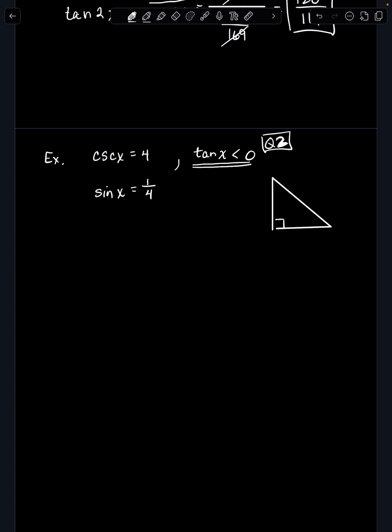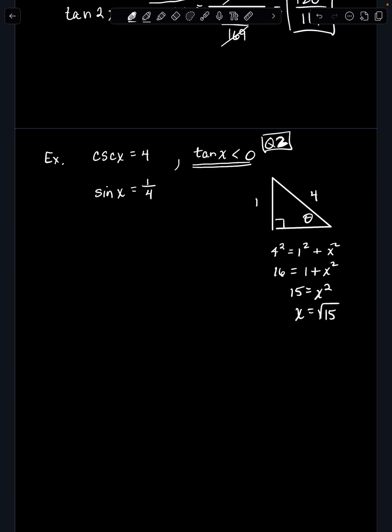So if I've got my theta here, and I know that sine is 1 over 4, opposite over hypotenuse, and I find that third side to find cosine of x, so my third side is going to be, 4 squared, hypotenuse squared, is going to equal that leg plus the other leg, right? So I've got 16 equals 1 plus x squared, or 15 equals x squared, so x is going to be the square root of 15.